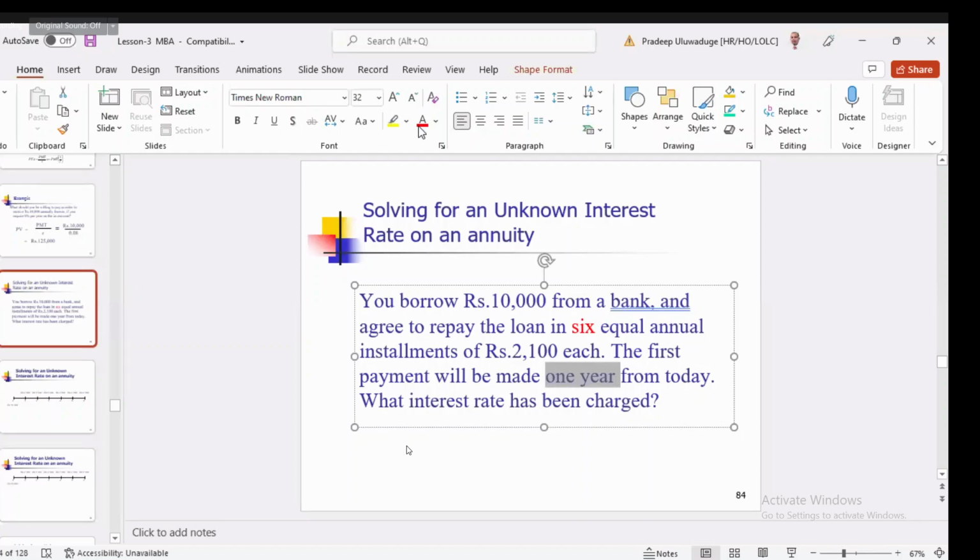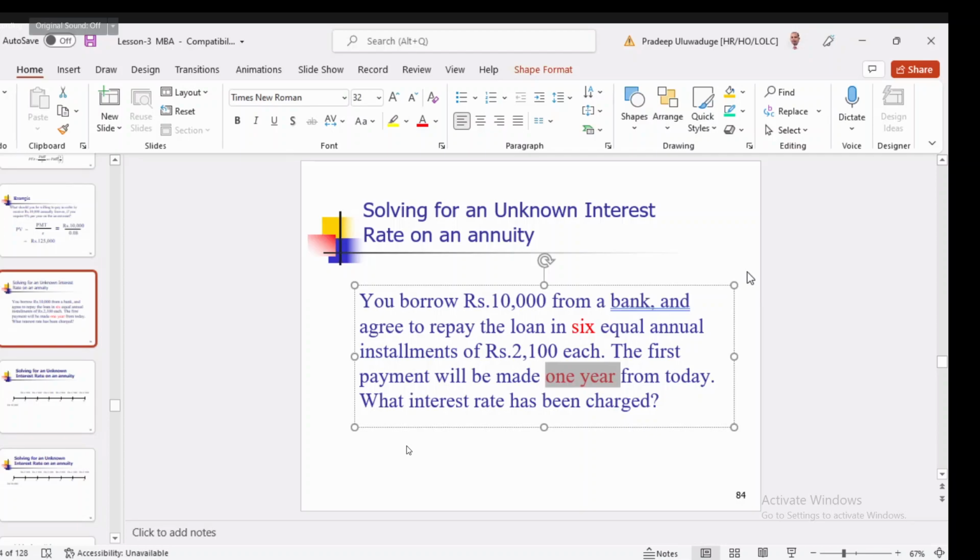We said there can be different annuities depending on the time at which the cash flow occurs. Ordinary annuity cash flows occur at the end of the year. So 1 year from today is at the end of the year, so it's an ordinary annuity. What interest rate has been charged?